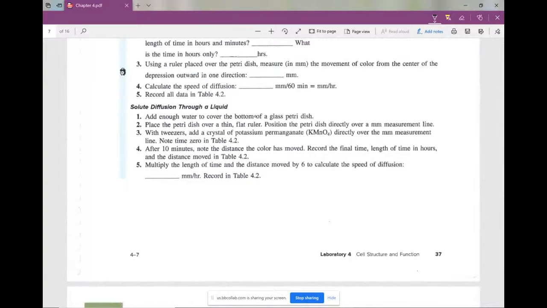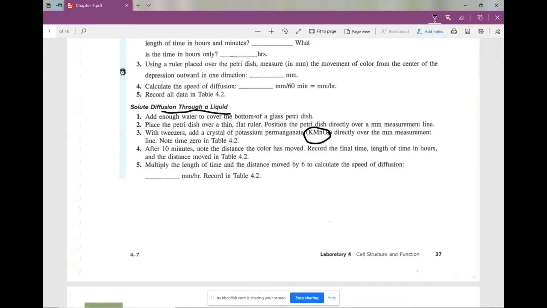Then we would compare that to diffusion through a liquid. We would take a petri dish, fill it with water, let the water rest, and then put a crystal of potassium permanganate in the middle of that water and watch it diffuse. That would only take about 15 minutes or so, and it would fill the entire petri dish.